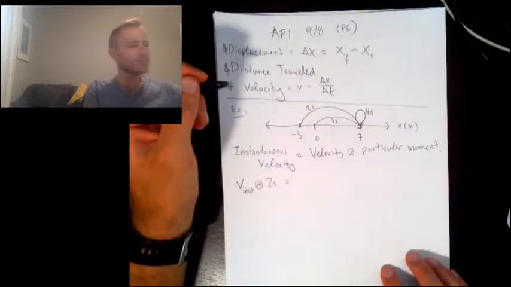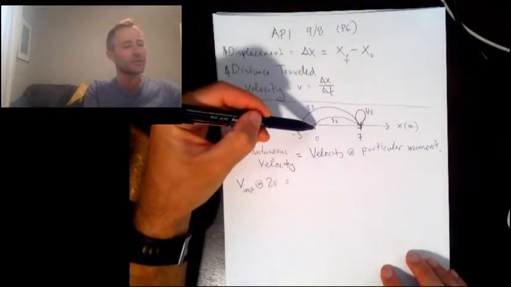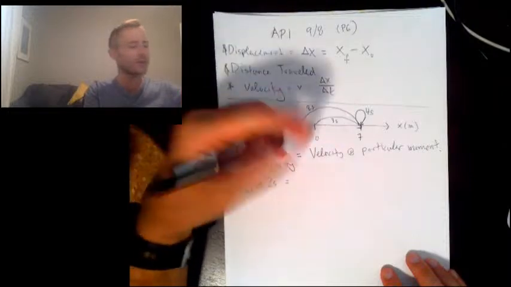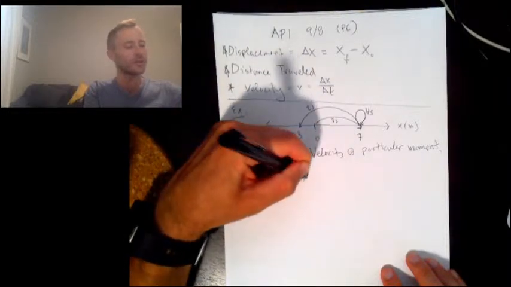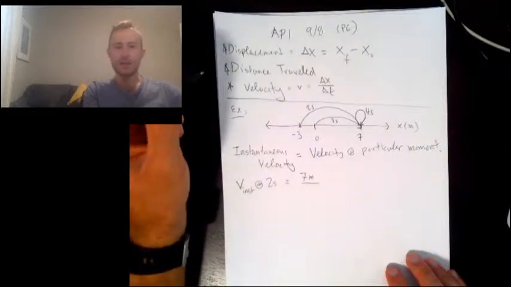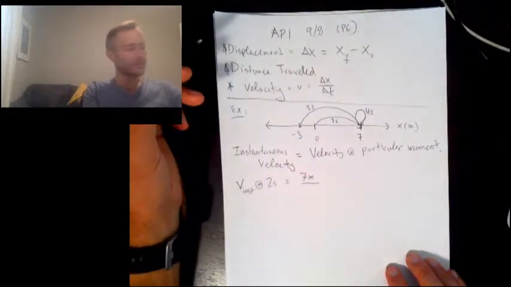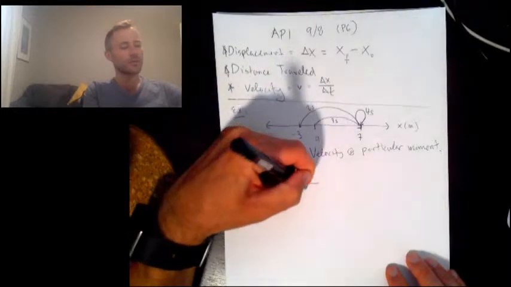So how far did I travel during those first 3 seconds of that journey? I traveled from 0 to 7. So that's a displacement of 7 meters. And how much time did that take? Well, the first segment took 3 seconds.